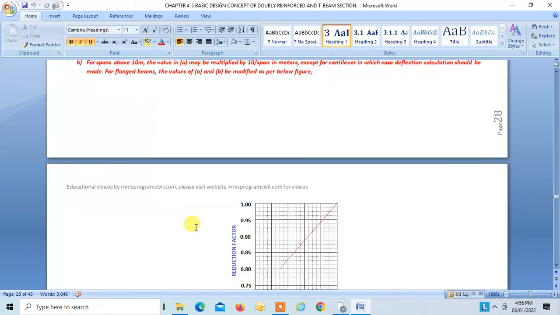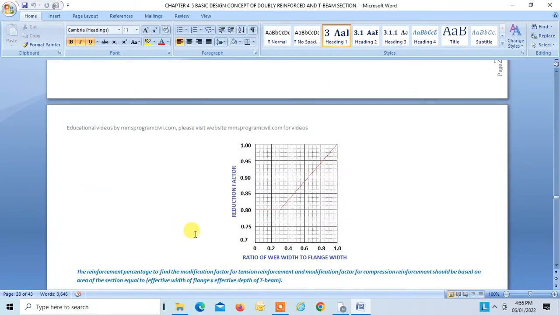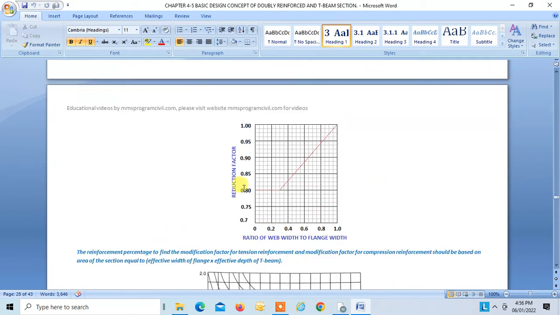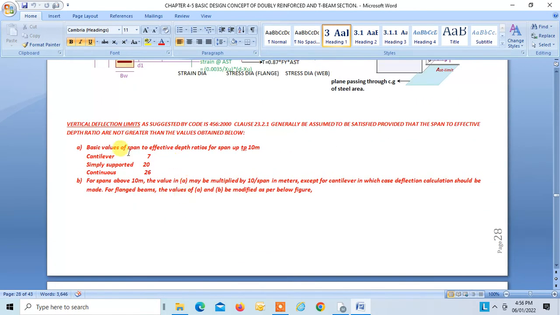But in case of a flanged beam, there is another reduction factor that you have to multiply with this, which you have to take from this graph. You first have to find the ratio of web width to flange width. Web width is BW, flange width is BF. For that ratio, you find the reduction factor and multiply it with this.